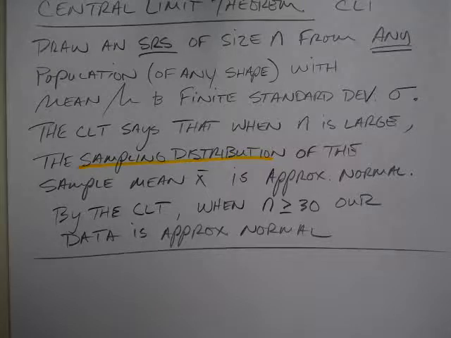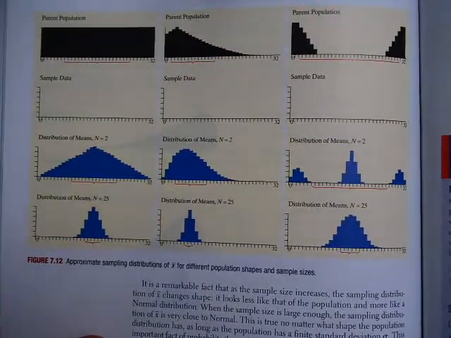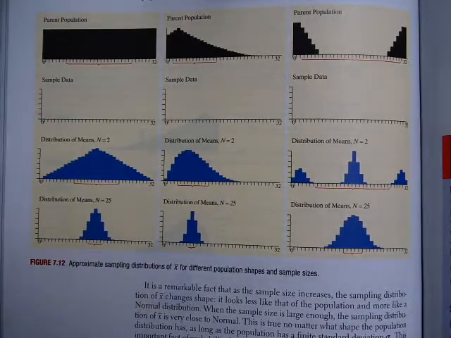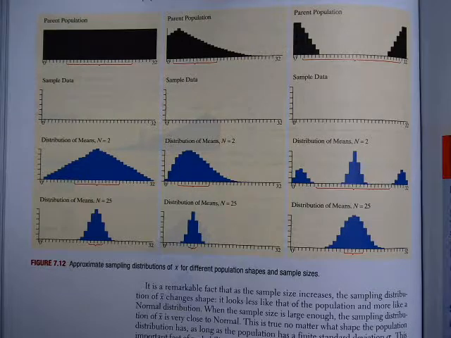Now, if I was fancy and I had a whole bunch of computer stuff at my disposal, or I guess I should say if I knew how to use it, I'd pull something up and we'd do a bunch of little tests. But in your book, on page 476, it shows different parent populations that are not normal.